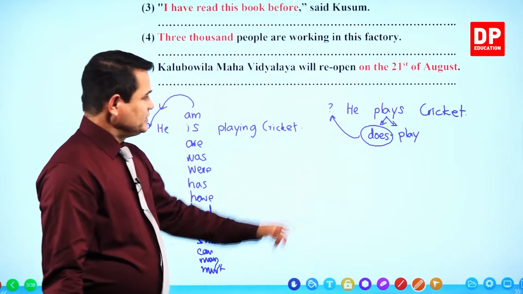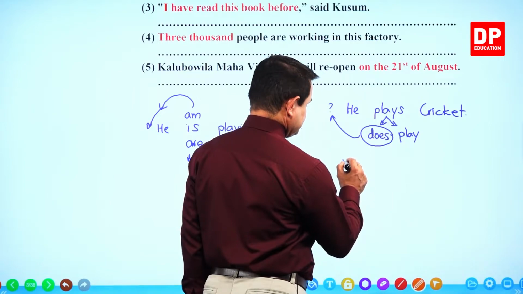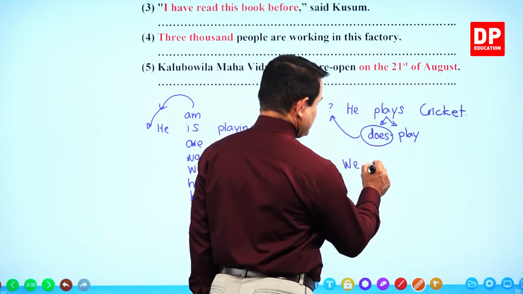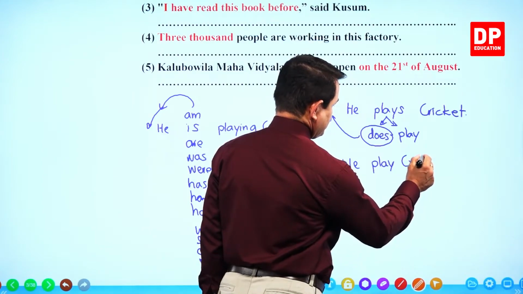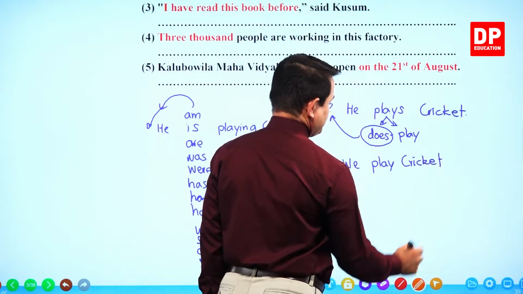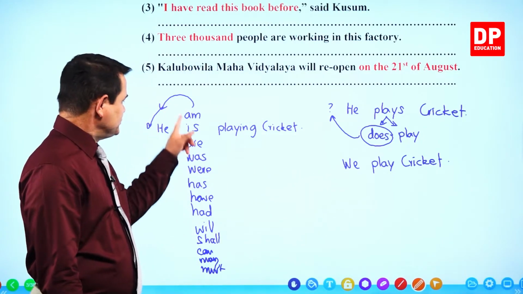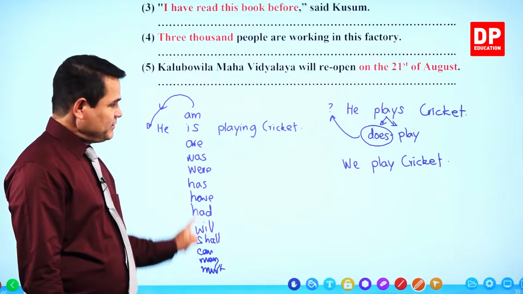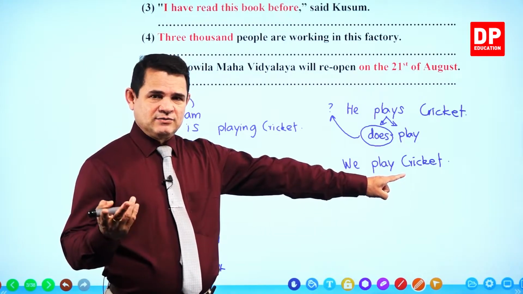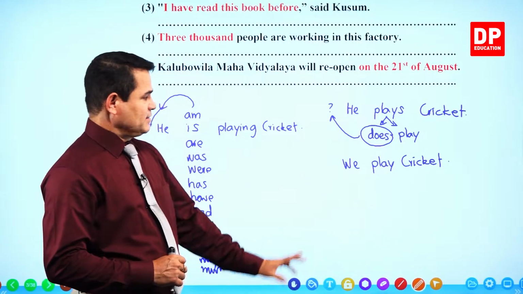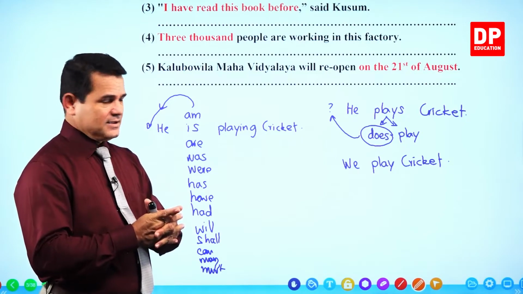Next one. Now this is singular. If it is plural, let's write like this. We play cricket. So in this sentence, you don't see any of these words. මේ වචන මොකවත් මෙතන නැහැනේ. Am, is, are, was, were, has, have, had, shall, will, ඒවා මොකුත් නැහැ. Then once again you look at the verb. What is the verb here? Play.